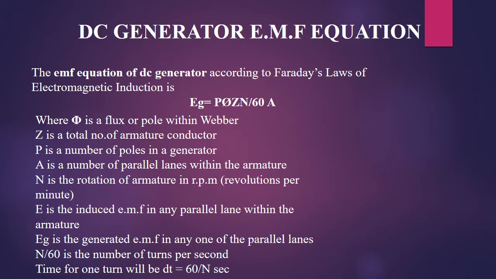Here P is the number of poles in the generator and A is the number of parallel paths within the armature. N is the rotation of the armature in rpm. E is the induced EMF in any parallel path within the armature. Here Eg is the generated EMF in one of the parallel paths. N/60 is the number of turns per second. The time for one turn will be dt = 60/N seconds.